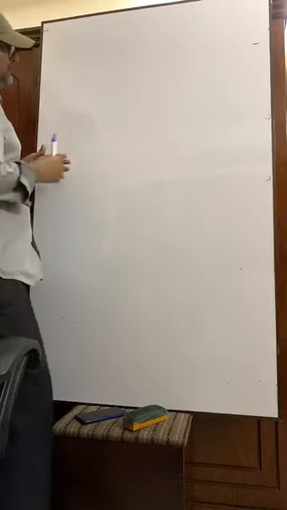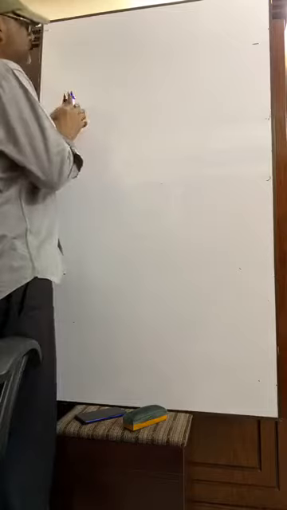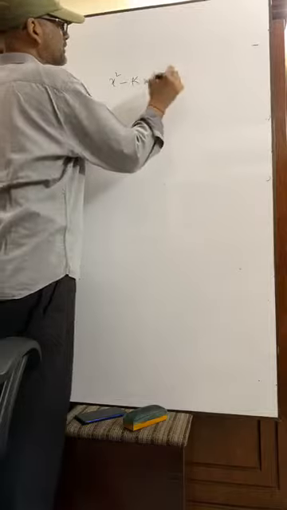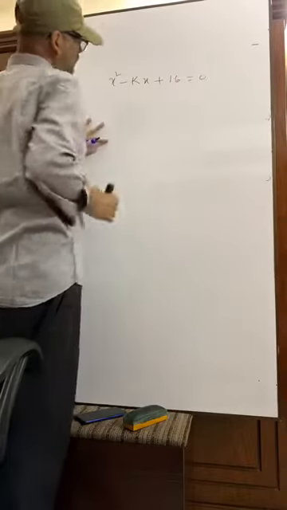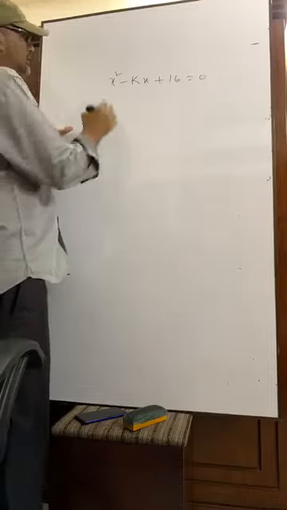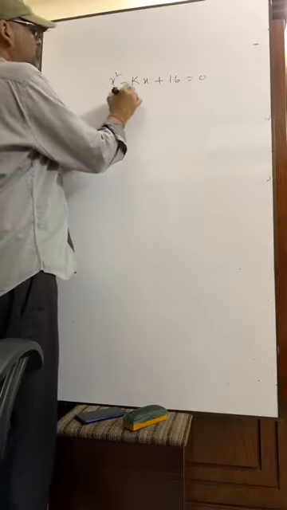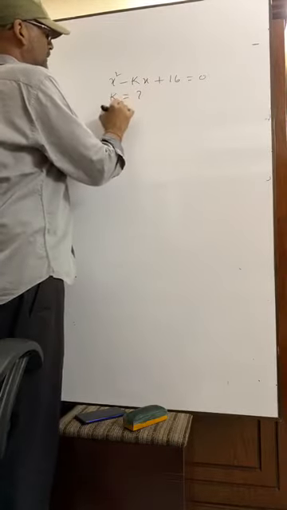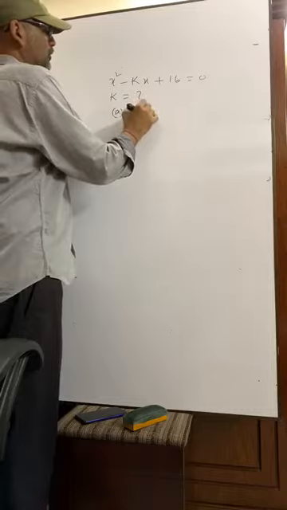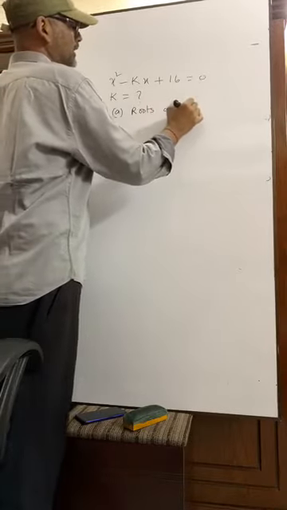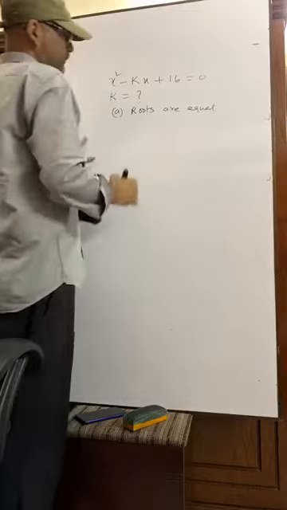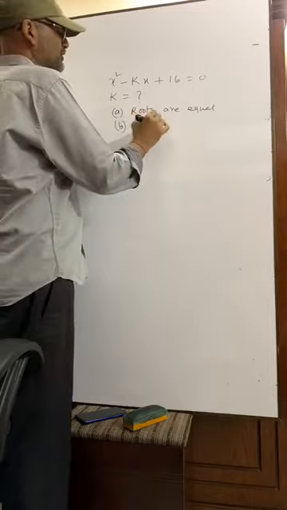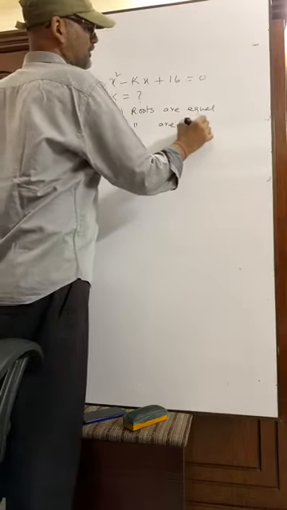Now suppose an equation is given, like this: x square minus kx plus 16 equals to 0. What is the value of k when roots are equal? What is k when roots are complex?